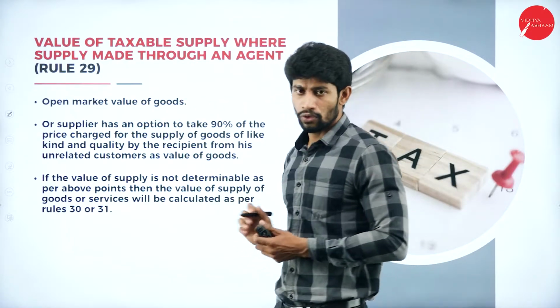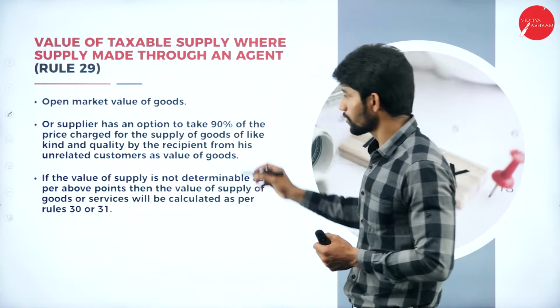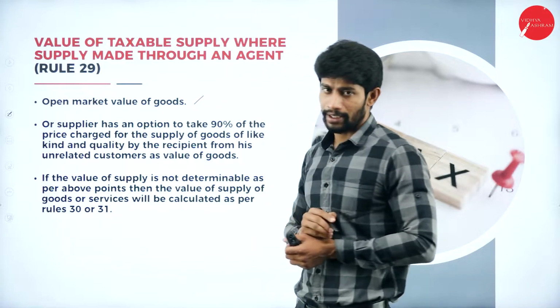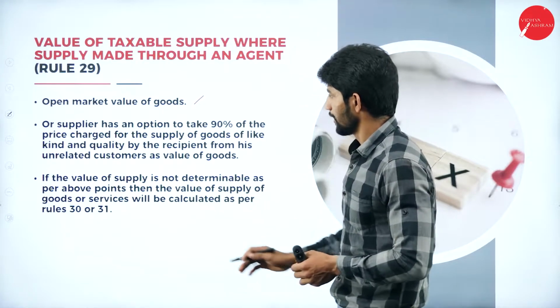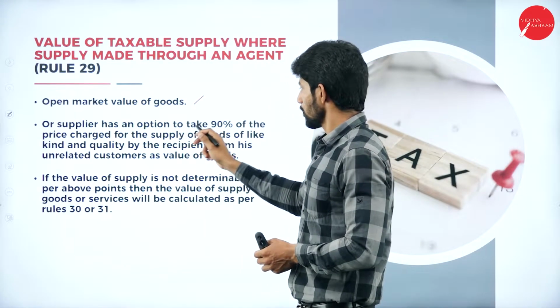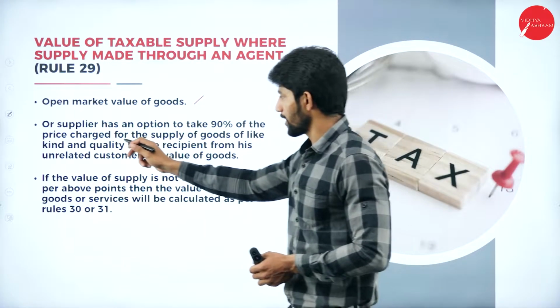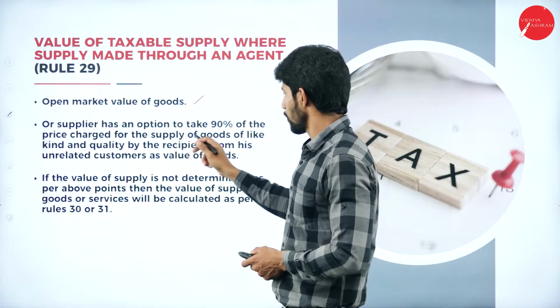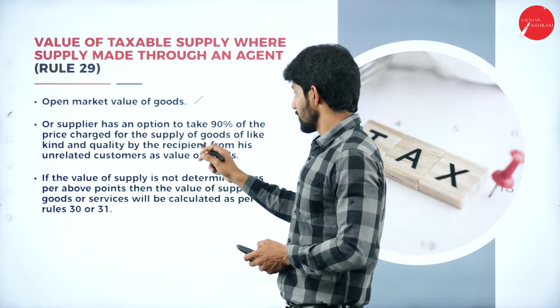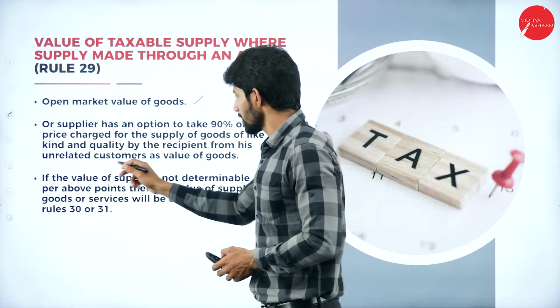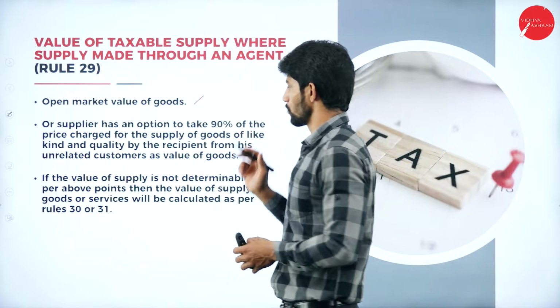The open market value of goods will be the value of supply. In case the open market value is not available, then the supplier has an option to take 90% of the price charged for the supply of goods of like kind and quality by the recipient to his unrelated customer as the value of goods.